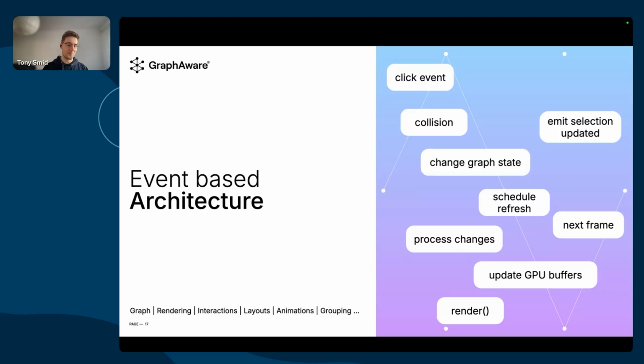When it occurs, it will occur at 60 frames per second. So in 16 milliseconds, probably CPU time. This is like ages. So when these ages pass, you will process the changes and update your GPU buffers, and finally call the render to draw these green pixels around your node, and user knows that they actually clicked the node.